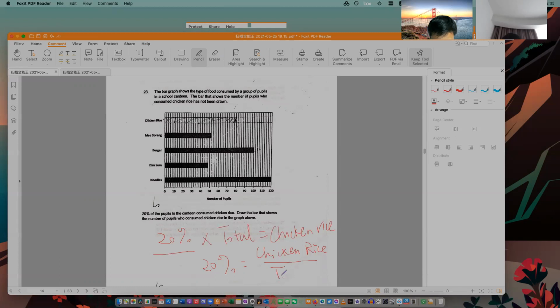over the total. Okay, so over here for noodles is 120. I just read it off this bar chart. So for dim sum is, let me see, 1, 2, 3, 4, 5. So 1 unit is 2. So this one is 42, 44, 46, 48. So this is 48. Then this is what?